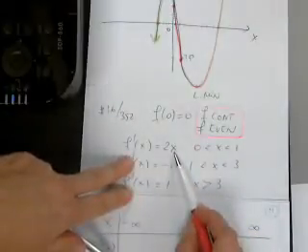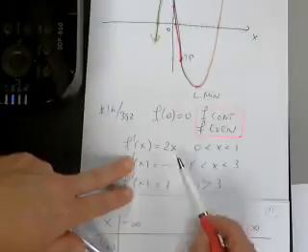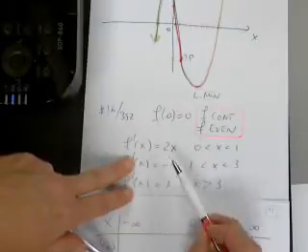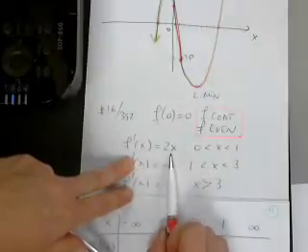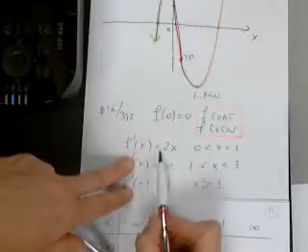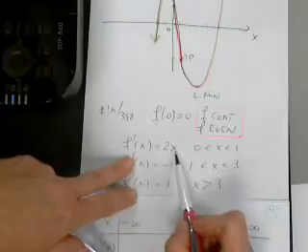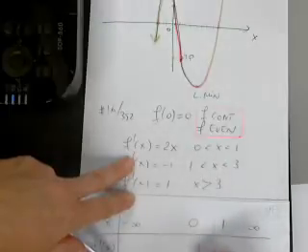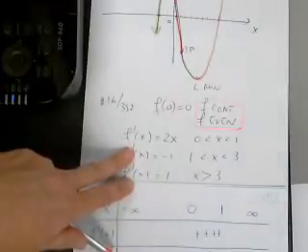2x. F prime of x is 2x between 0 and 1, which means that the derivative is positive, which means that the function is increasing.